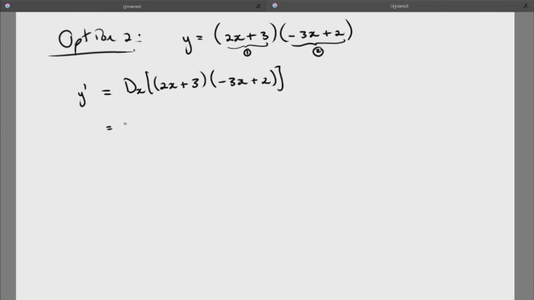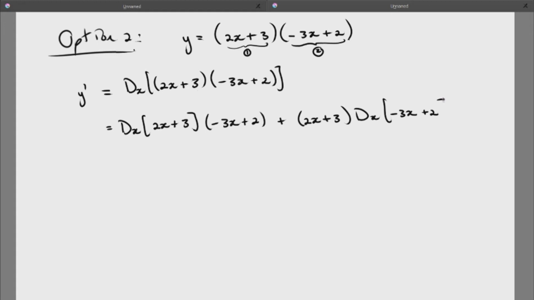So, product rule says I take the derivative of the first, and I'll do that later, one property at a time, times the second just as it is, plus the first just as it is, times the derivative of the second. That is the product rule.